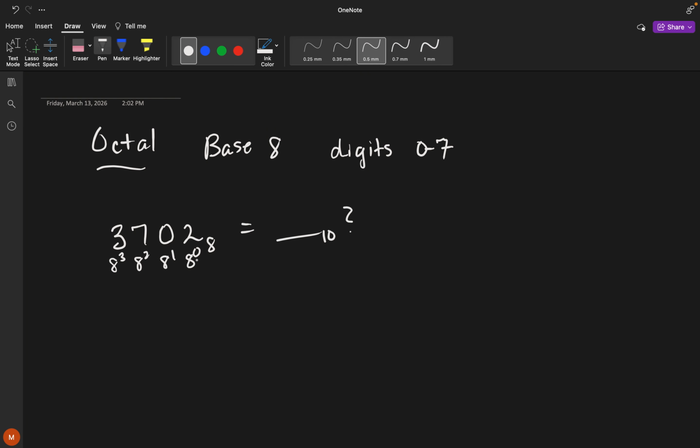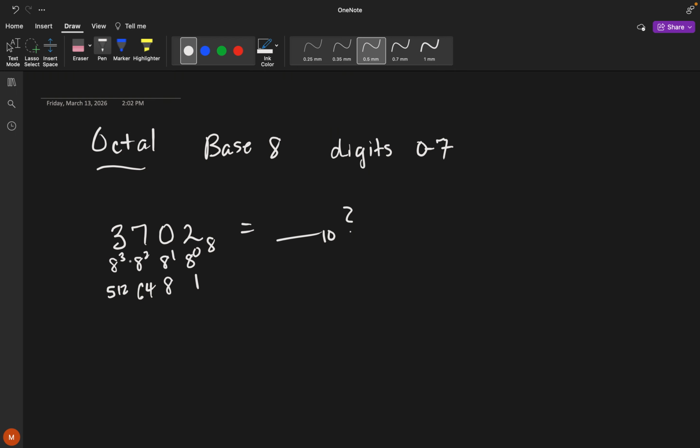So this is 8 to the 0. Everything to the 0 is the 1's place, the 8's place, the 64 place, and the 512 place. So it gets big pretty fast.